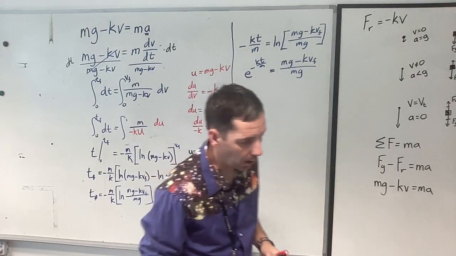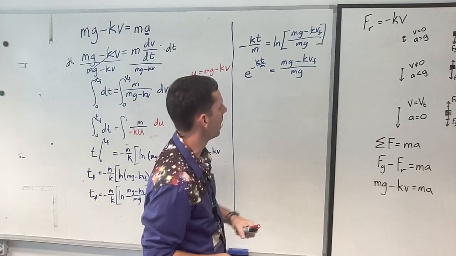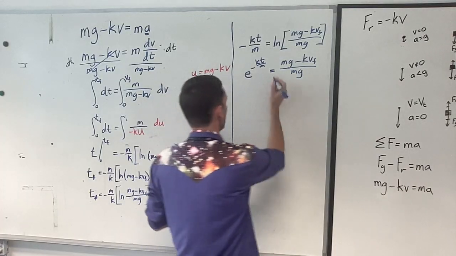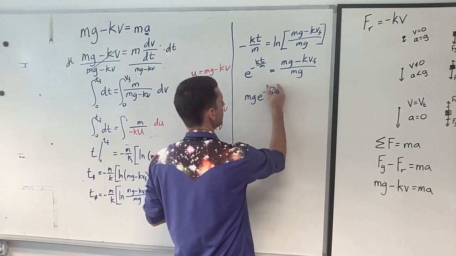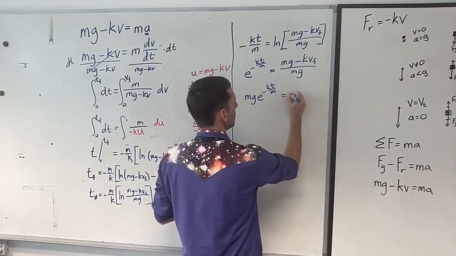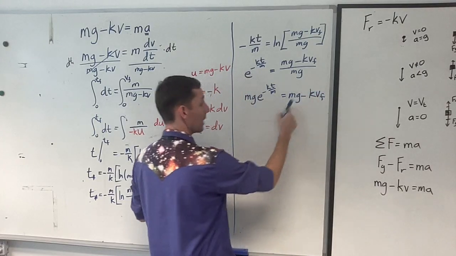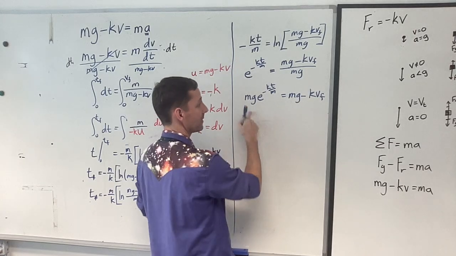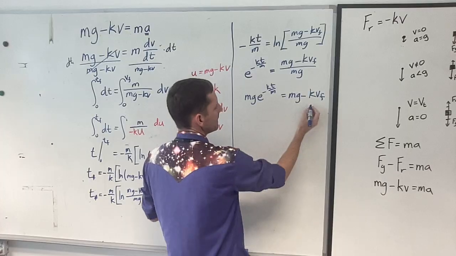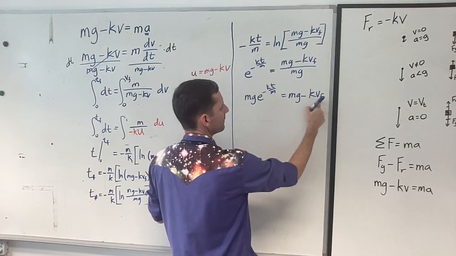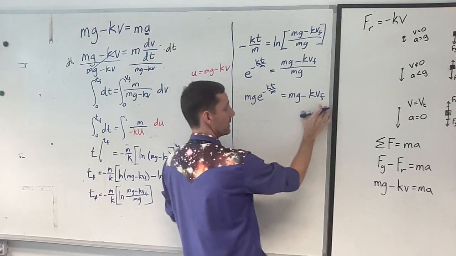All right, now we will multiply both sides by mg, so now we'll have mg e to the negative kt over m equals mg minus k vf. Because we do want our vf to be positive, I'm going to add the k vf to the other side, and I'm going to subtract this one to that side.